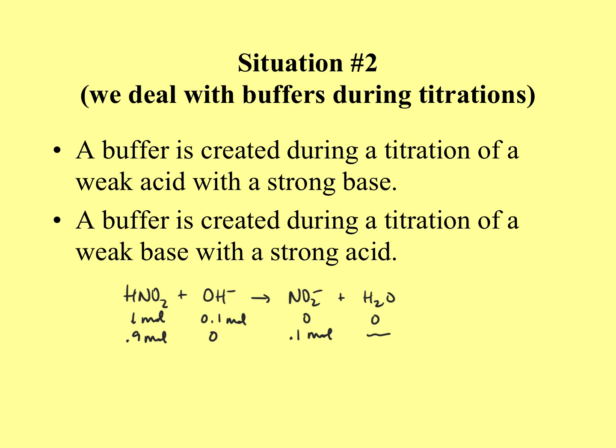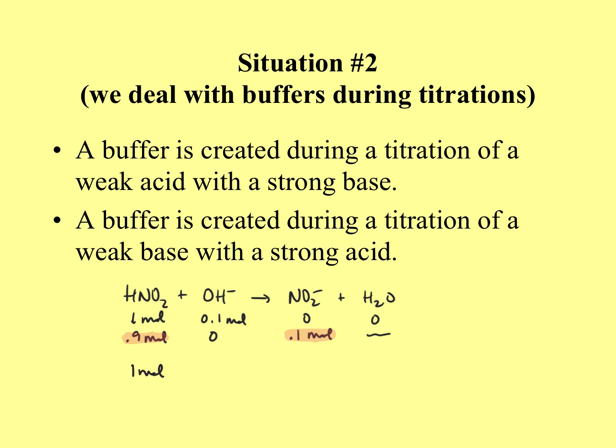So in the end, you have here some of the weak acid and some of the conjugate base. So you have a buffer present in the beaker at this point. Now keep in mind that that doesn't apply if, for example, you are at the equivalence point.